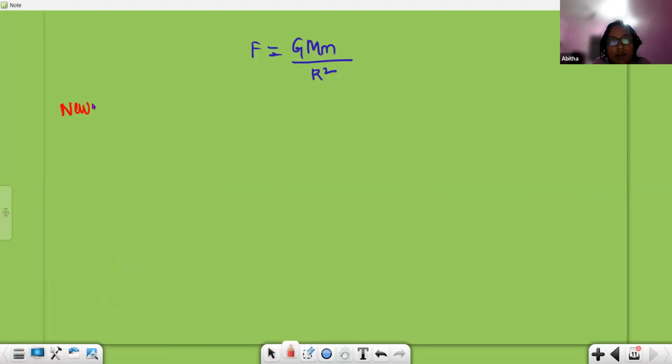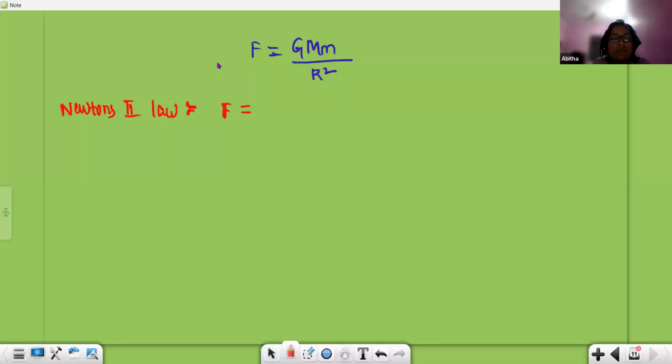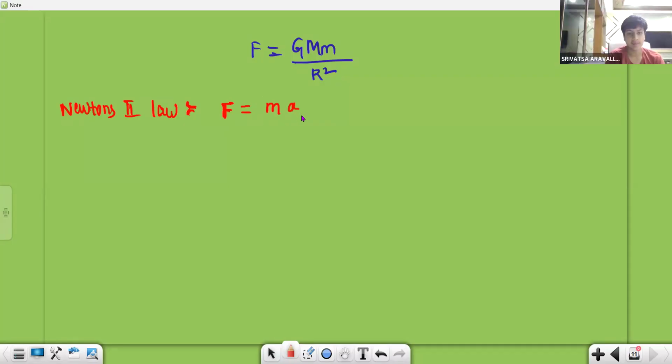From Newton's second law, what is the formula for F? F is equal to ma. Very good. So F is mass times acceleration.